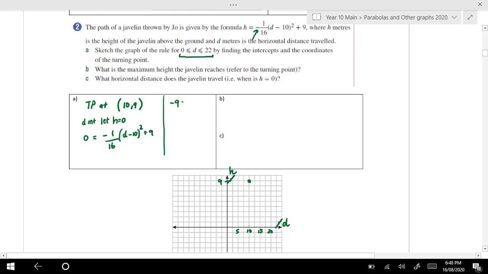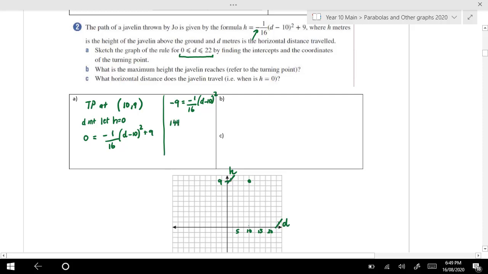So we've got 9 minus 9 is equal to minus 1 over 16, (d minus 10) squared. And let's multiply both sides by 16 now. Now, 9 times 16 is 144.